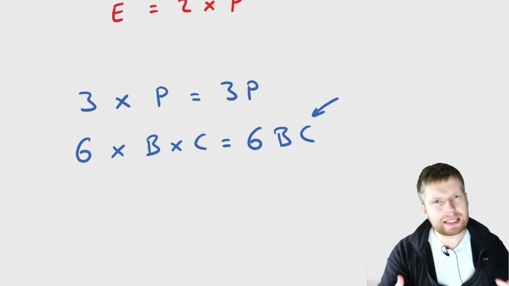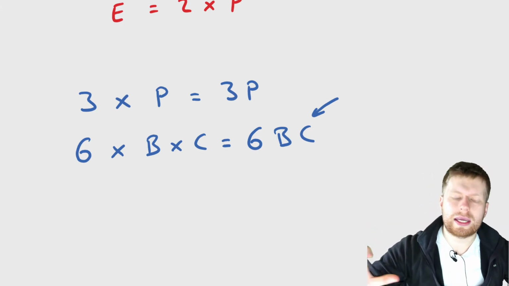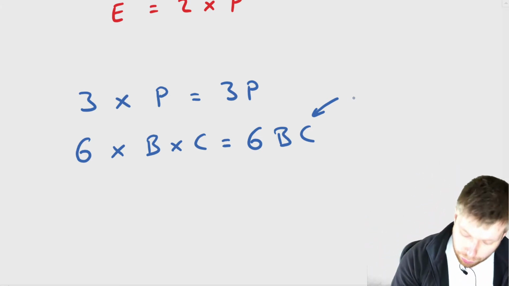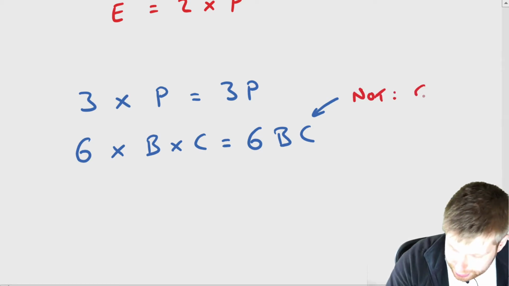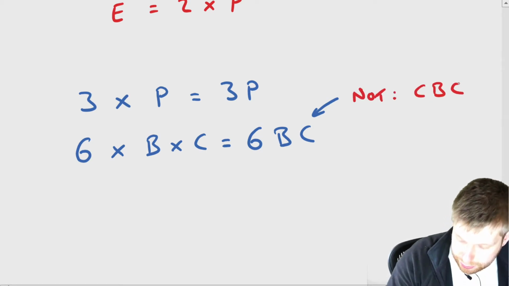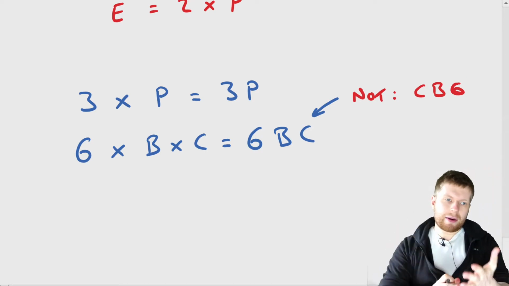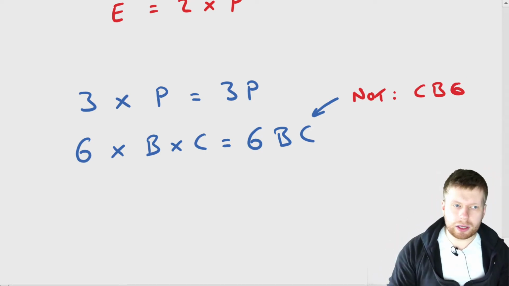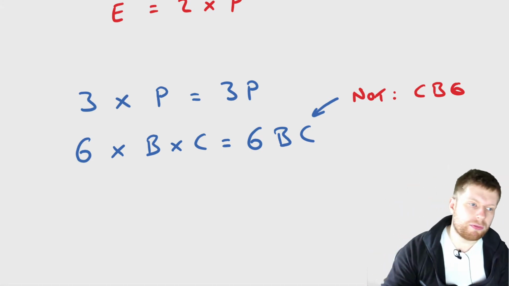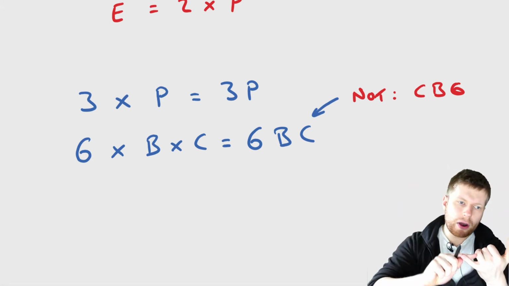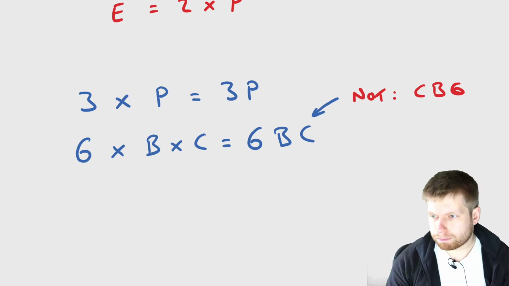And that will just make it easier later on when we've got lots of letters working all together. So we wouldn't write, for example, CB6, because in that case, the letters are in the wrong order, they're not in alphabetical order, and also the number comes last, whereas we want the number first. So just remember, number first, then the letters in alphabetical order.